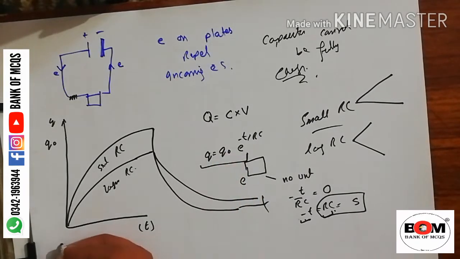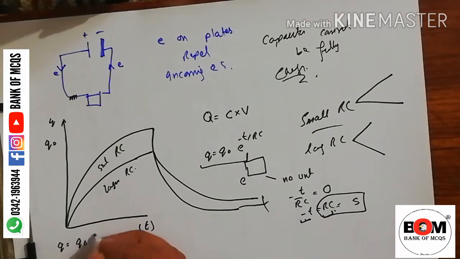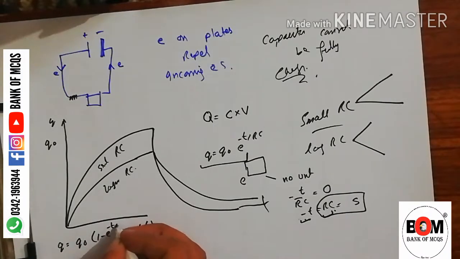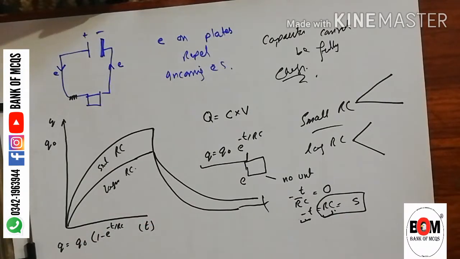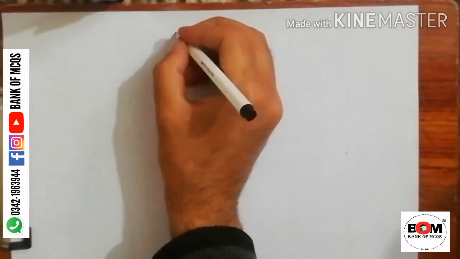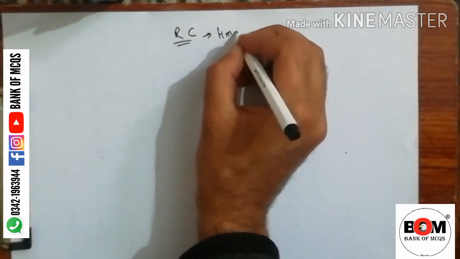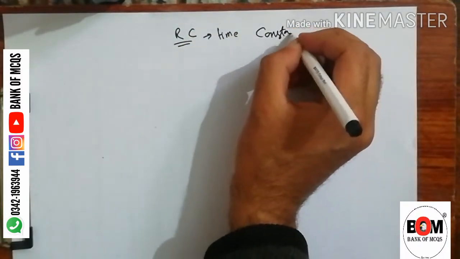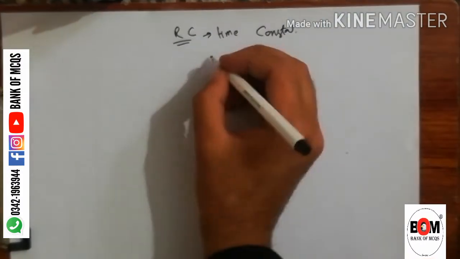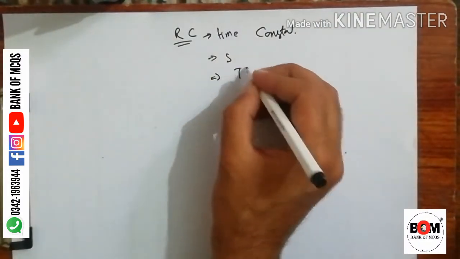For charging, we use the equation Q is equal to Q naught times 1 minus e to the power minus t divided by RC. So this was about the RC time constant, and the unit of RC is second and its dimension is time.